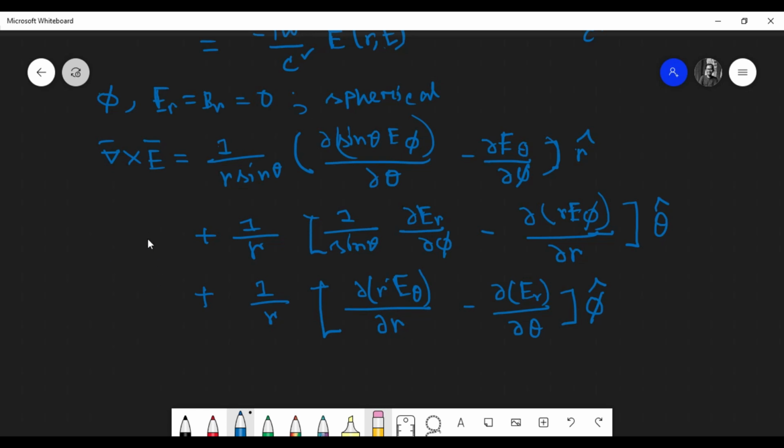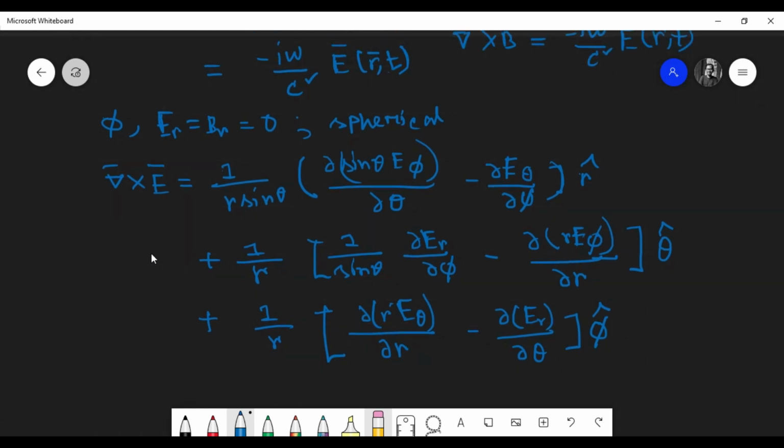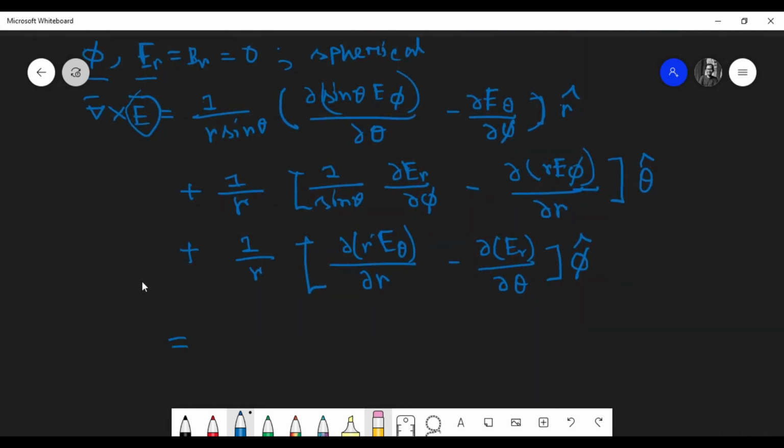Now this is for the general electric field, but we have already assumed some conditions here, that the radial component will be zero and there's no phi dependence. So we can simplify this big expression by writing this.